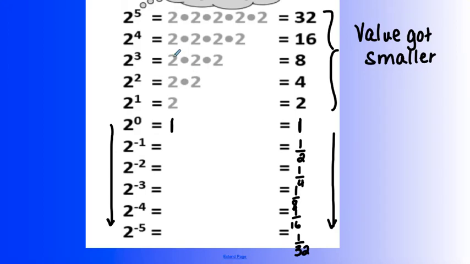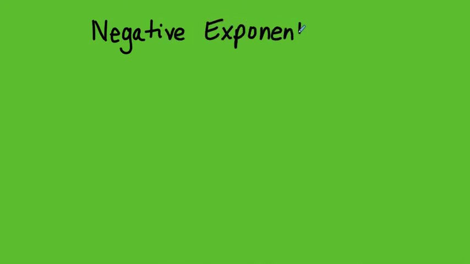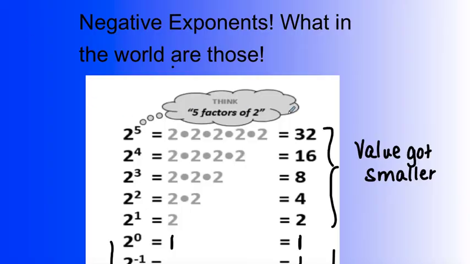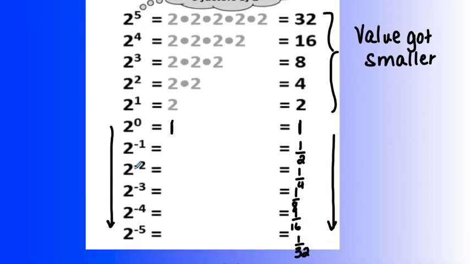Well, I want to talk about this idea and this negative exponent a little bit more. Negative exponents are things that exist. And I like to think about negative exponents as making the number smaller. It didn't make the number negative, because negative exponents don't make the number negative. Well, let's compare some things.